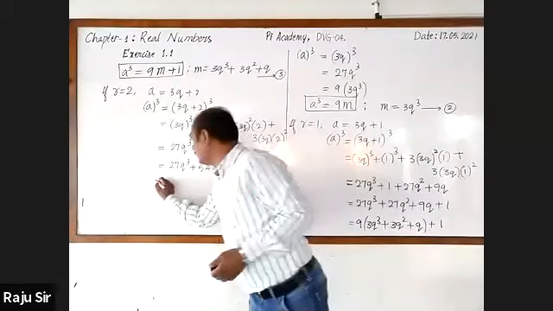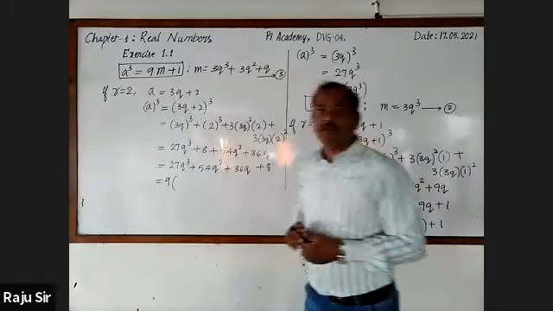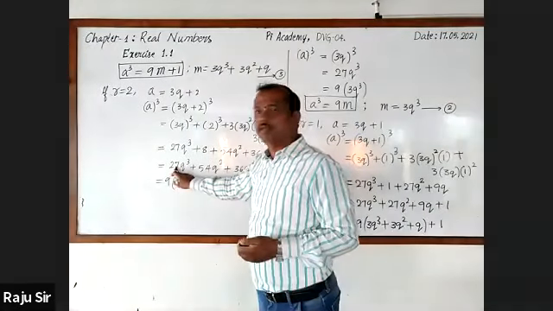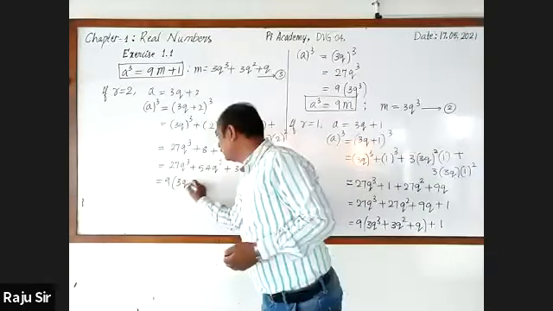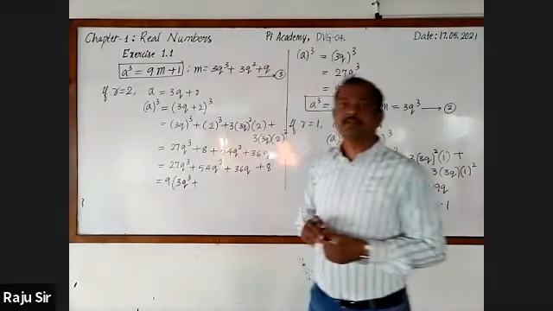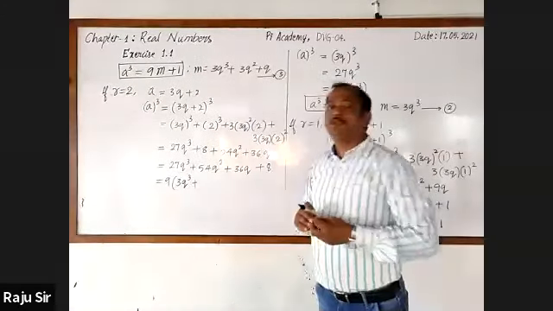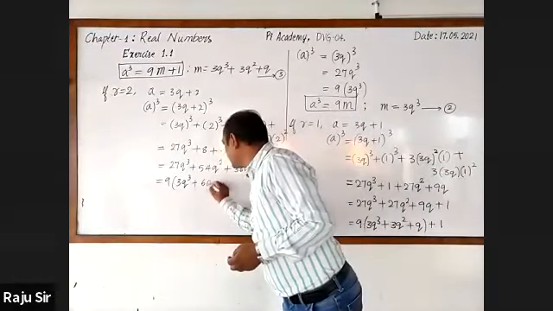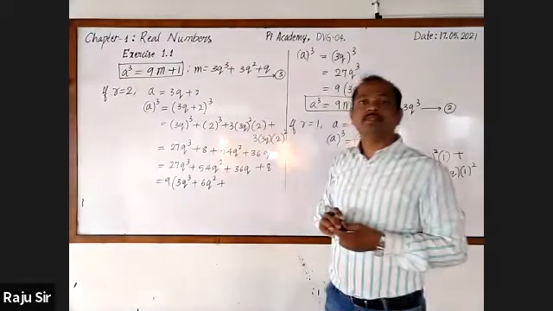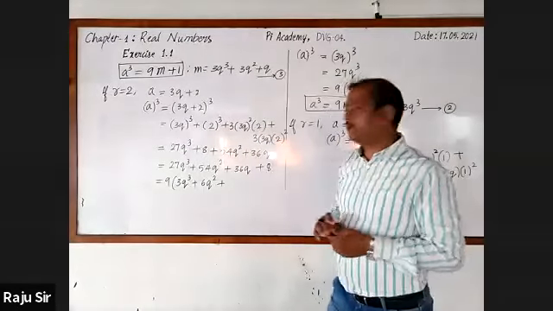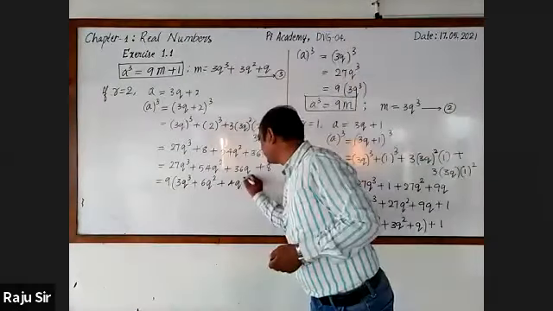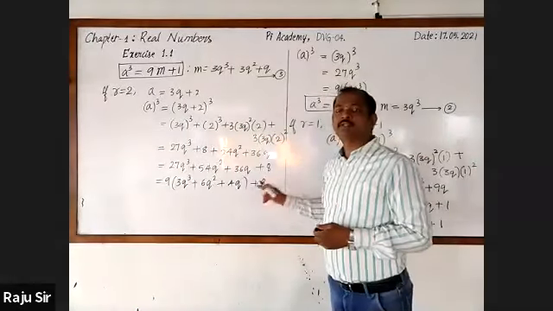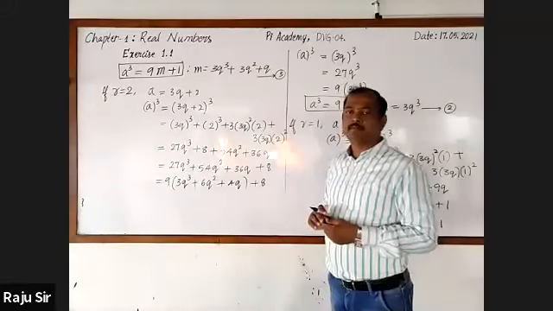Hence you can take 9 as common factor. 9 into what is 27? It is 3, so 3q raised to the power 3 plus 9 into what is 54? Yes, 9 6s are 54. 9 into what is 36? Yes, you are right, it is 4. Now plus 8 as it is, because it is not a multiple of 9.